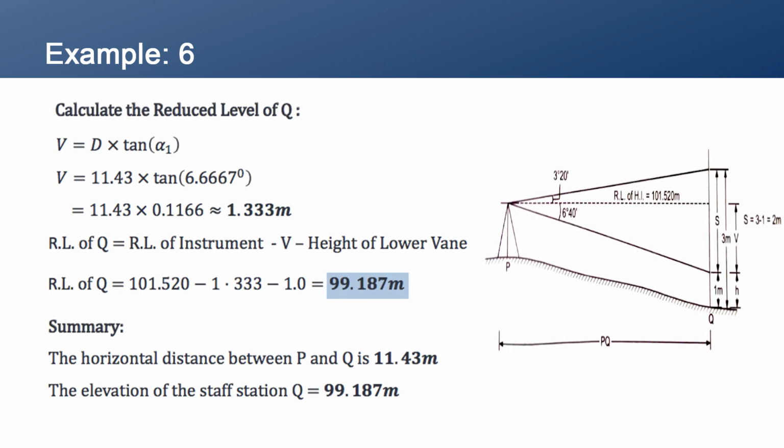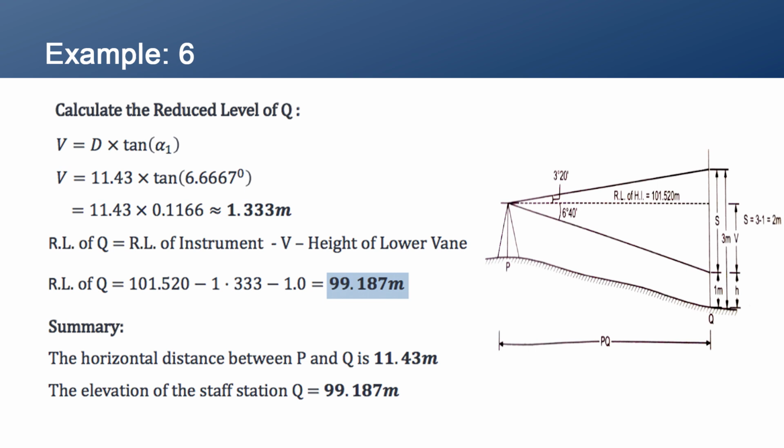To find the elevation of the staff station Q, let us calculate the vertical distance. This V can be calculated by constructing the alpha 1 as clearly seen from the figure. So, the formula is V is equal to D into tan alpha 1. V is equal to 11.43 into tan 6 degree 40 minutes, which is equal to 11.43 into 0.1166, which is equal to 1.333 meter.